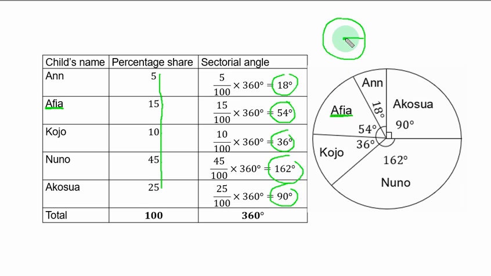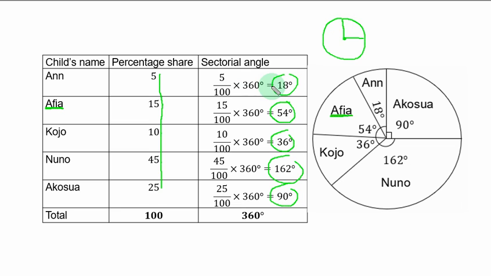You have 0 there, so the 0 should fall at this edge. Then the center, that hole in the protractor, should be at the center. Then you measure 90 degrees up. That is for Akosua.